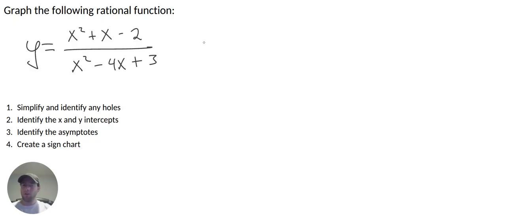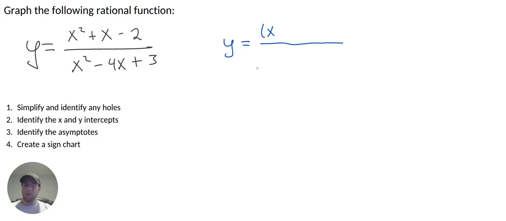In order to do that, I'm going to factor both the numerator and the denominator here. So this becomes y equals, factoring the numerator, we want two numbers that multiply to negative 2 and add to 1.